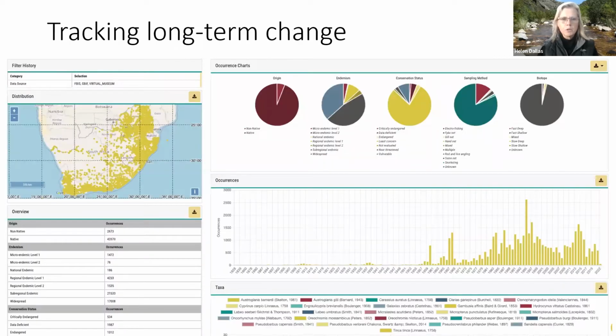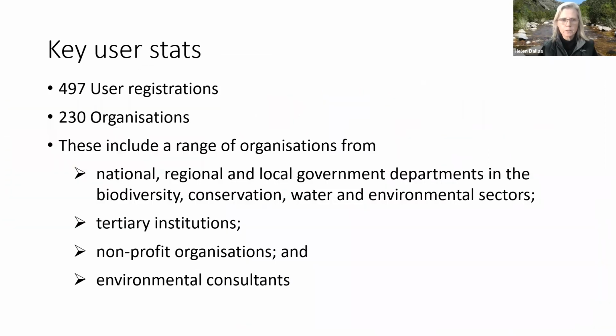And obviously one of the most important foci of FBIS is to allow us to track long-term change. And we've got a lot of graphics and visualizations that allow you to visualize and get data both spatially and across temporal scales. And through the training sessions that we have over the next few months, you will be able to learn how to do this in quite some detail.